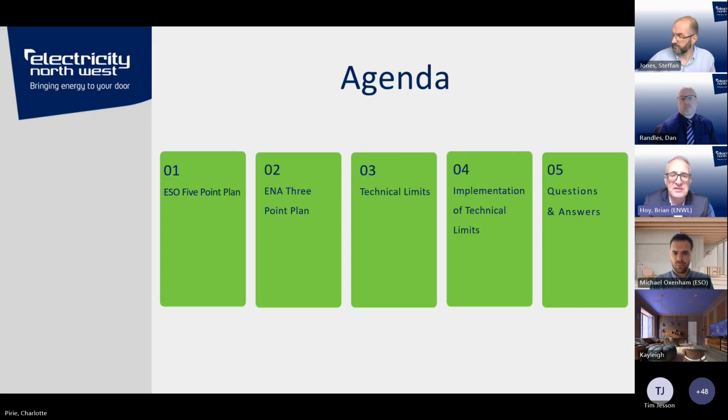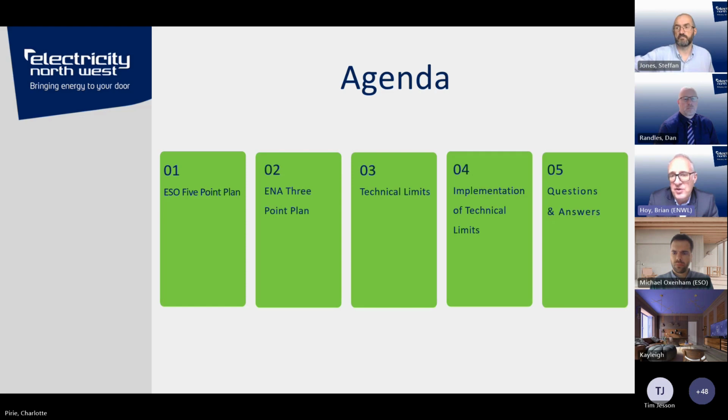So if we flip on to the next slide. This is what we're going to cover today. We've got a guest, Mike Oxenham from the ESO, who has joined us to cover the ESO's 5-point plan that sets the scene in some of the strategic changes being made to try and speed up connections.